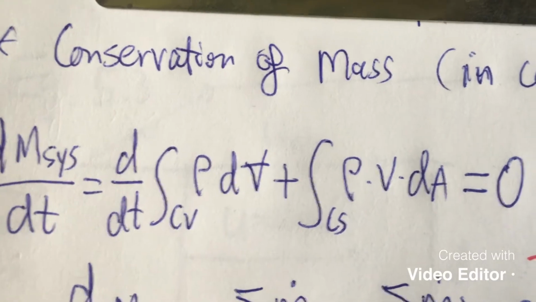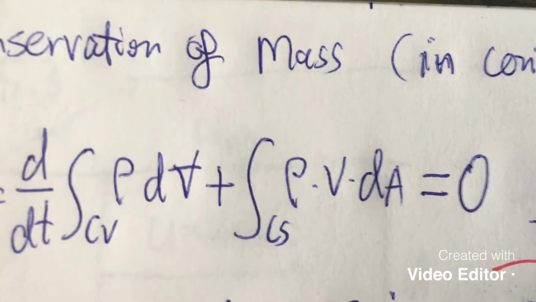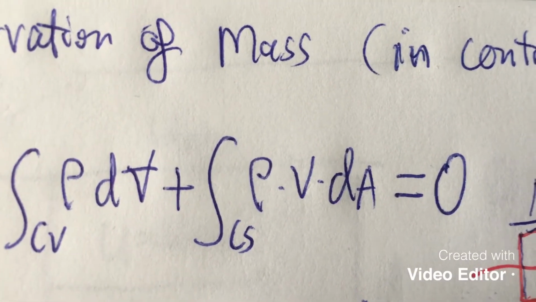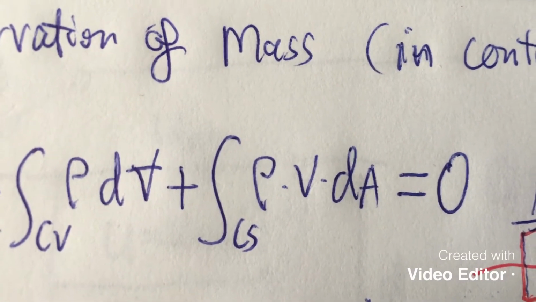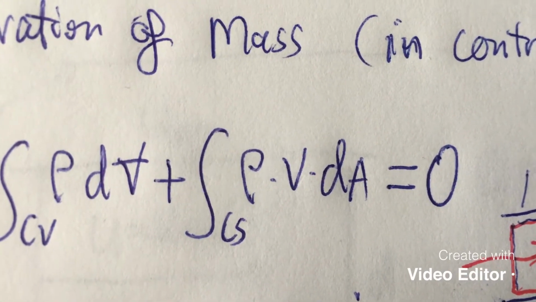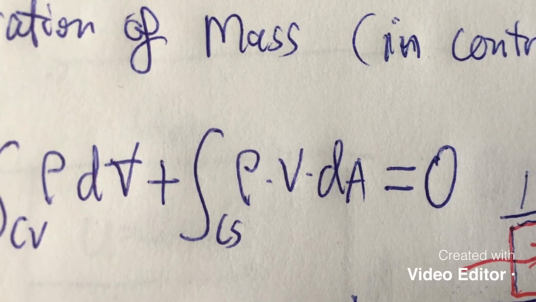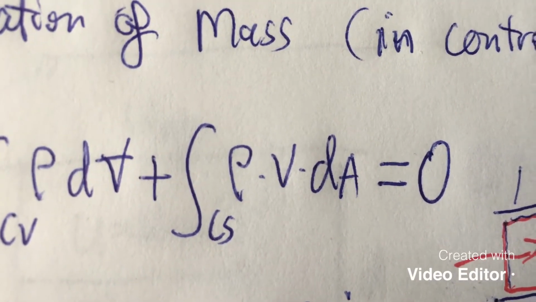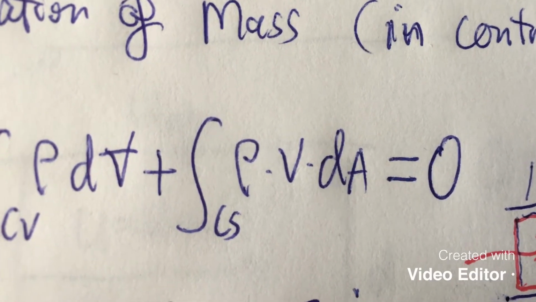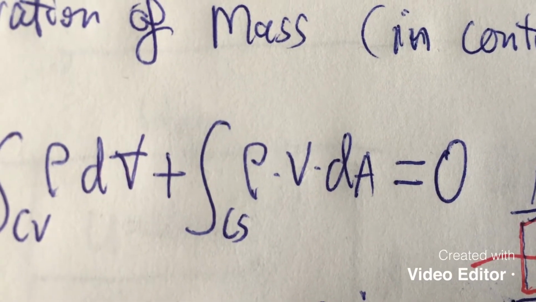The reason we have the integration sign here for the control surfaces is that the velocity might not be uniform. The velocity changes on the control surfaces. If that's the case, we need to take the integration of rho V dA to calculate the mass flow rate, just like we mentioned in the last class.